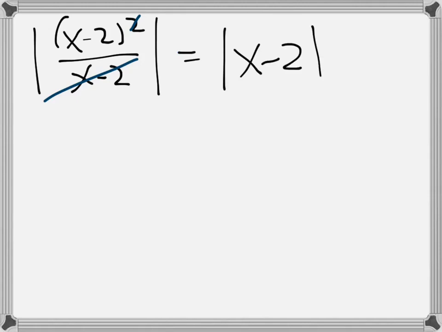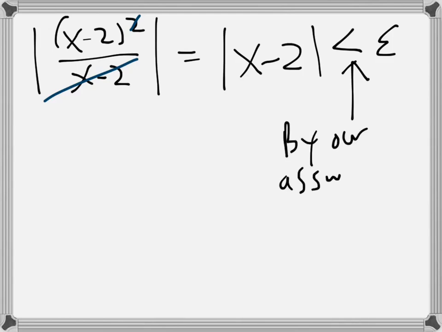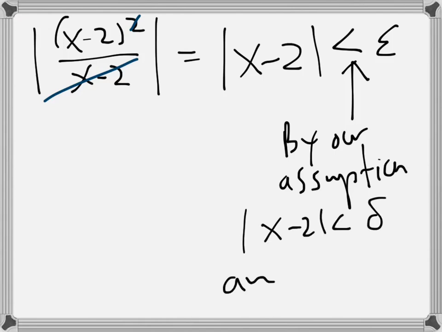So I've changed that expression, f of x minus L, and simplified it down to x minus 2 in absolute value, but that is exactly the thing that we're assuming is less than epsilon, because we took delta to be epsilon. So that was all algebra, and this step here, saying it's less than epsilon, is by our assumption that x minus 2 is less than delta, and our choice that delta was equal to epsilon.